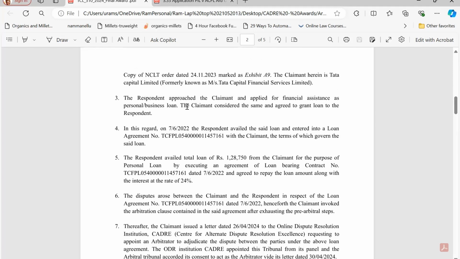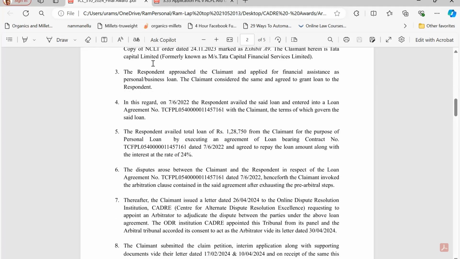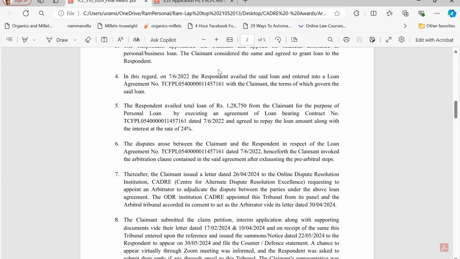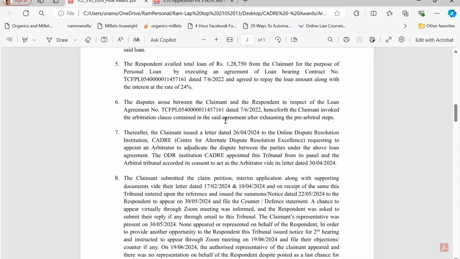The factual background is mentioned here. The respondent approached the claimant for financial assistance, and the claimant gave the loan. The loan agreement is mentioned here, and the loan amount availed, 1,28,000.